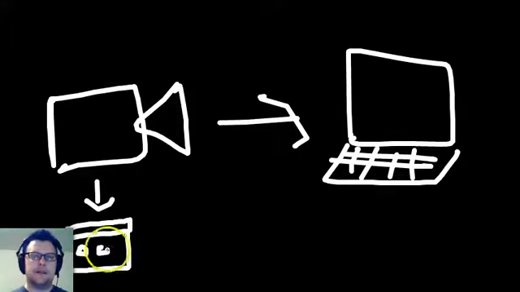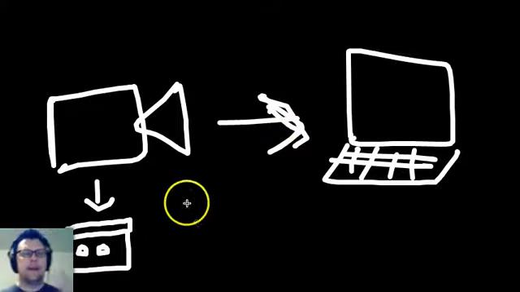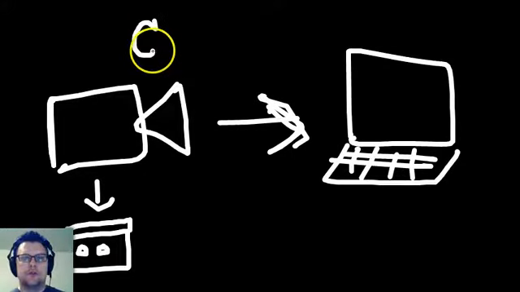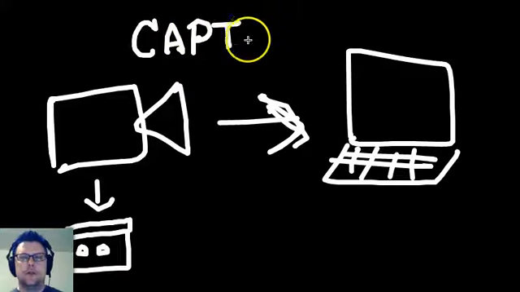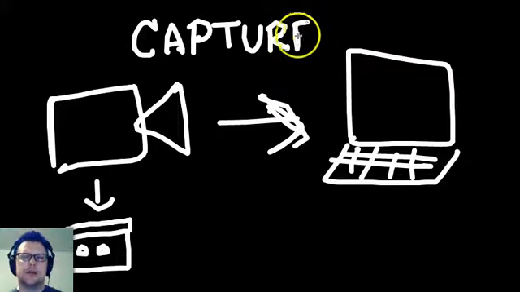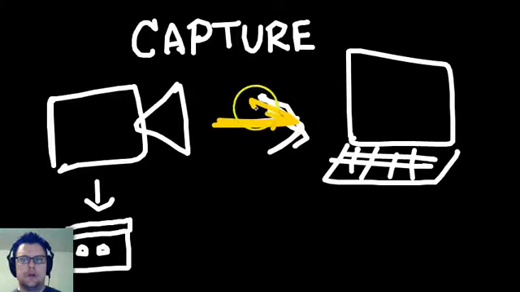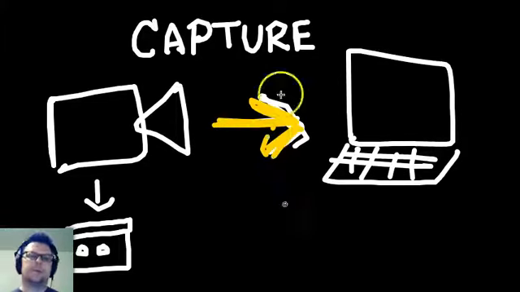And we need to get that somehow into the computer so that we can start doing our editing. So this is called the capture process. And oftentimes it is conflated with another process called logging. So capturing is actually the mechanical method of doing exactly this, going from camera to computer.